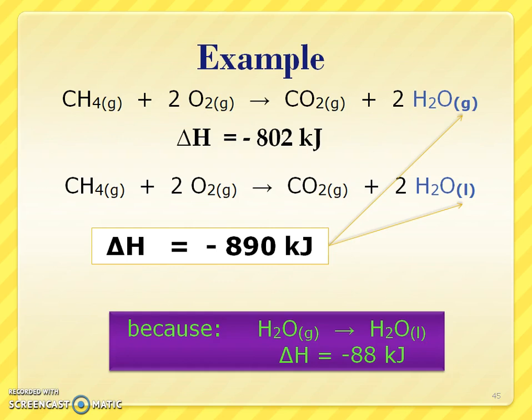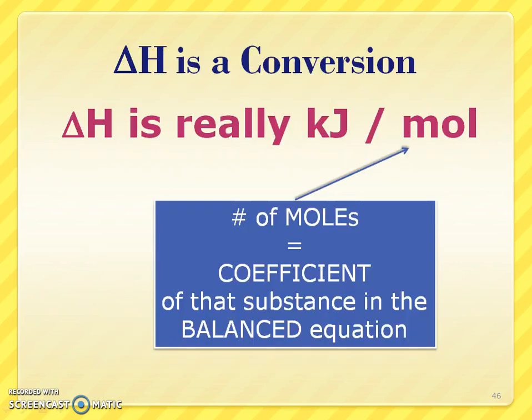So that amount of heat energy has to be reflected in the overall reaction. We want to remember that delta H is going to be a conversion, but instead of per 1 mole, the delta H of a reaction is really the amount of moles related to the coefficients of that substance in a balanced equation.